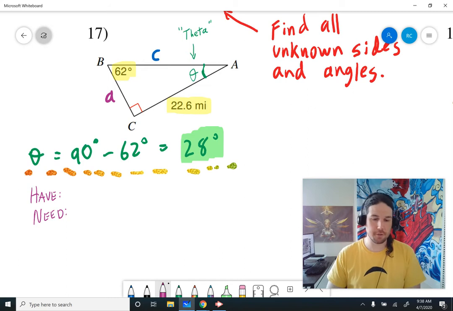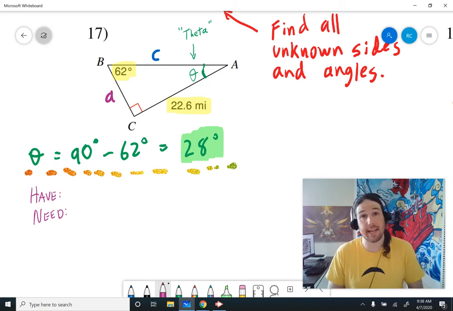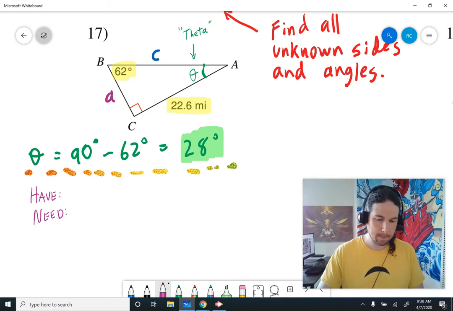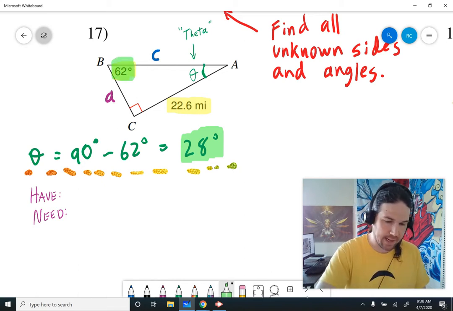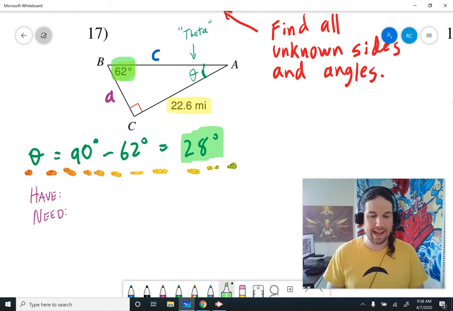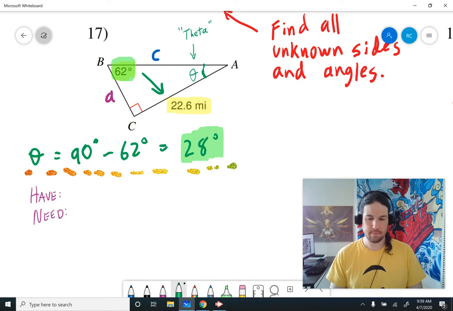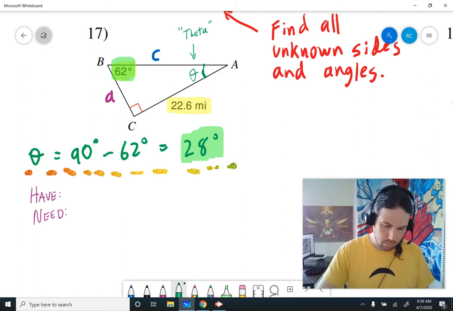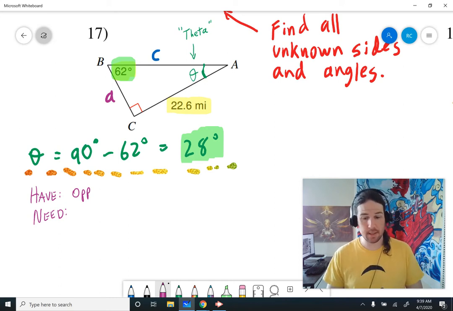Well, I'm going to continue working with this 62-degree angle. Even though I now know the other angle is 28 degrees, I could use that in my proportions if I wanted to. But if I'm looking at this 62-degree angle right there, then what I have is the opposite leg. Right? Opposite. All right, so what do I need?